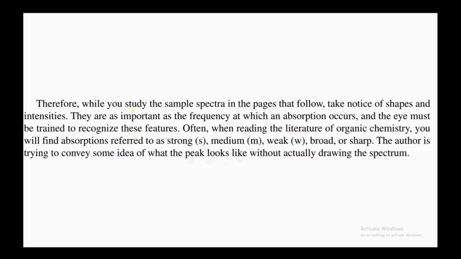Figure 2.6 also shows the typical pattern for CH stretching frequencies at about 3000 per centimeter. Therefore, while you study the sample spectra in the pages that follow, take notice of shapes and intensities. So these two are important in IR: the shape and intensity of the peak.